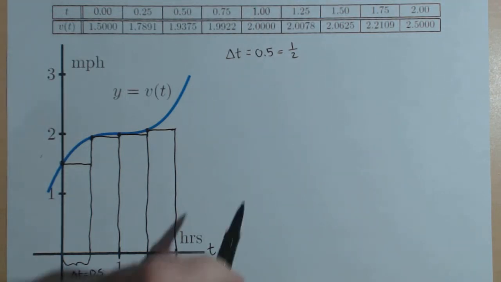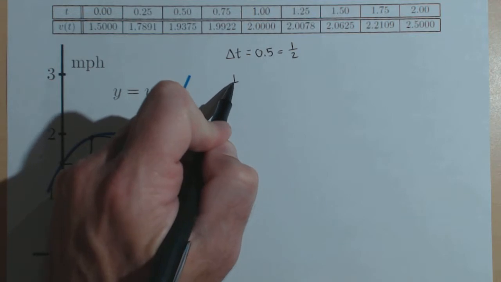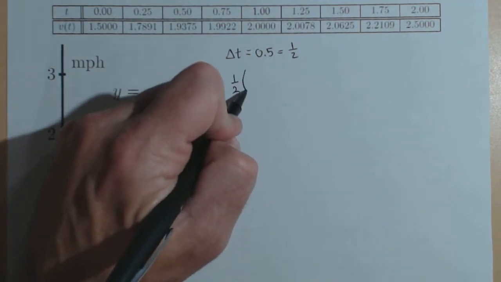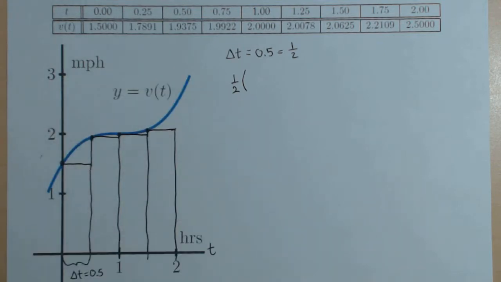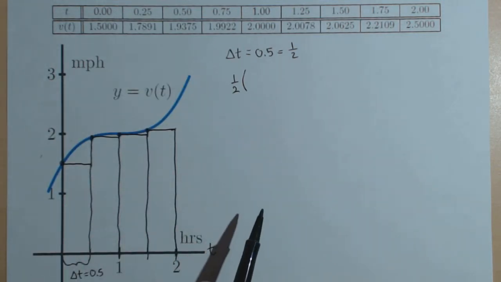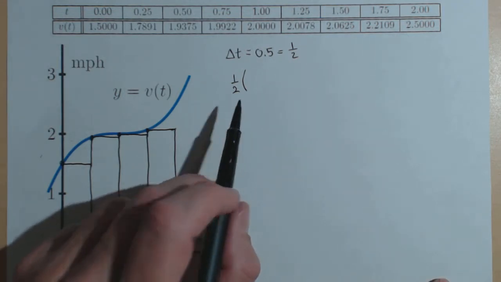So I've got a delta t of 1/2. That's the width of all 4 rectangles. Now, instead of just multiplying each of them by 1/2, I'm going to use parentheses so the 1/2 will get distributed.